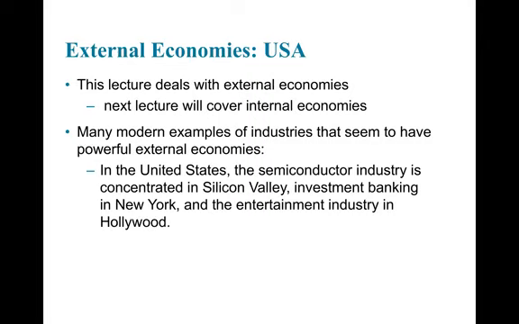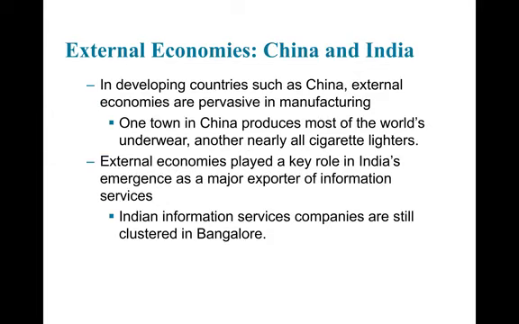There are many modern examples of industries that seem to have powerful external economies of scale. For example, in the United States, the semiconductor industry is concentrated in Silicon Valley, investment banking in New York, and the entertainment industry in Hollywood. In developing countries such as China, external economies are also pervasive in manufacturing.